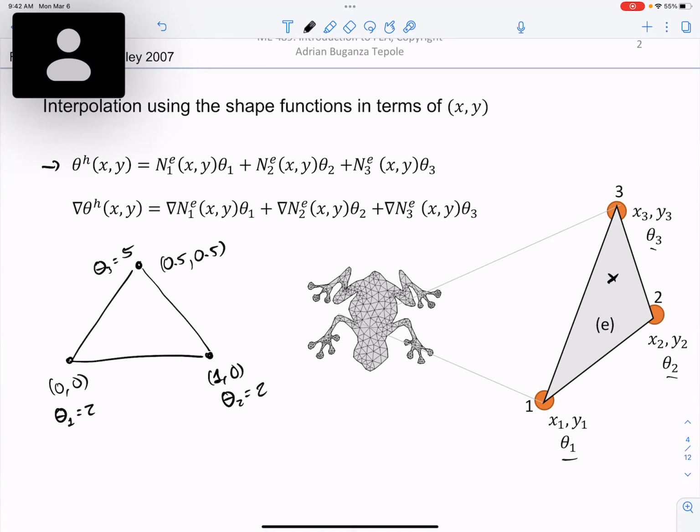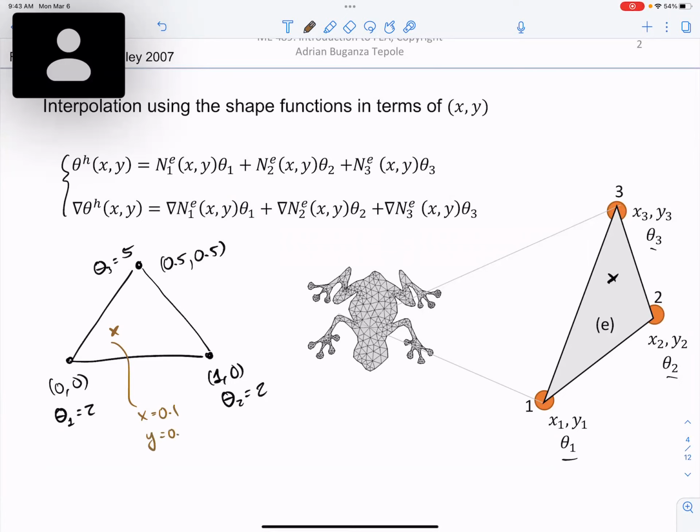So what these two lines tell us is that if I want to know the value of theta at any point inside of that triangle, all I need to do is evaluate the shape function at that point. So let's pick a point. Let's say I want to evaluate at x equals 0.1, y equals 0.1.